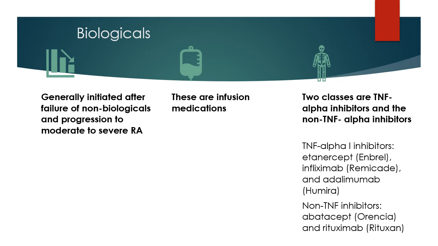Those are the physicians who actually dispense and prescribe them, and they're a big moneymaker. So that probably has a lot to do with why they've been used so readily. But they're generally initiated after failure of the non-biologicals and progression from moderate to more severe rheumatoid arthritis. And they include two classes, the TNF alpha-1 inhibitors, which are Enbrel, Remicade, and Humira, and the non-TNF inhibitors, Orencia and Rituxan.